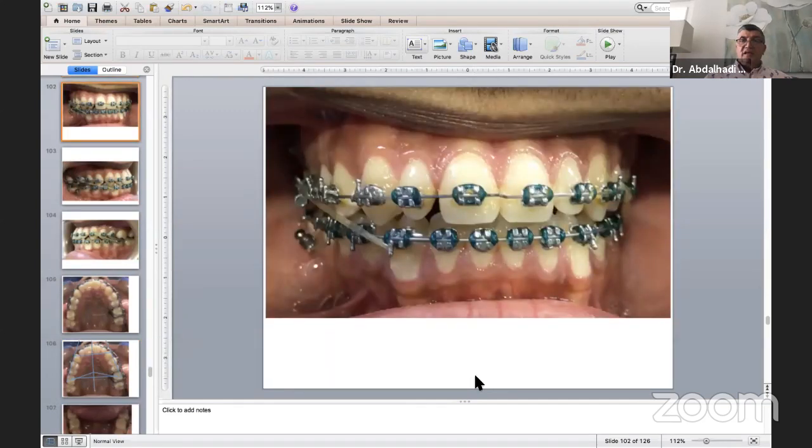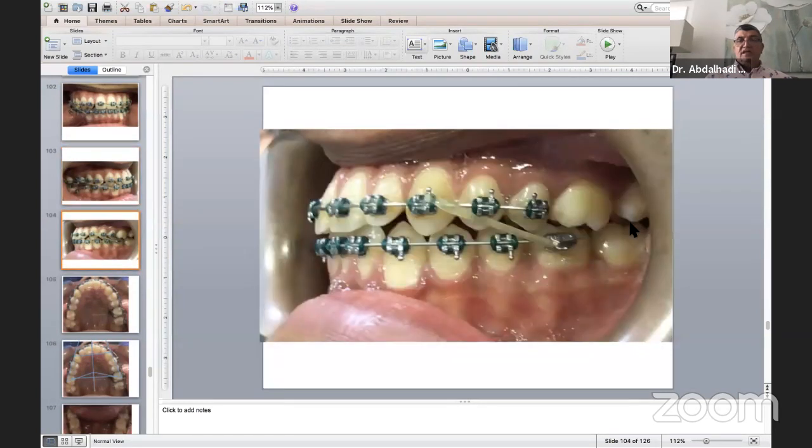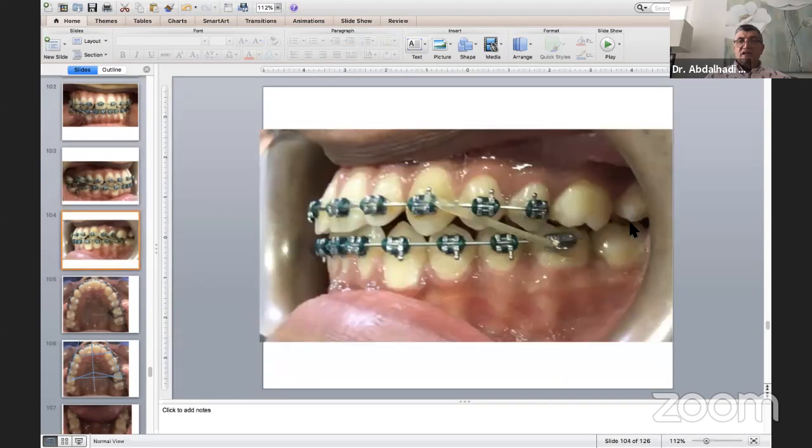Here is the continued usage of class 2 elastic on the right side and the class 3 elastic, class 2 and class 3 elastic on the left side. So here is class 3, sorry, on the right side, and here is class 2 on the left side.